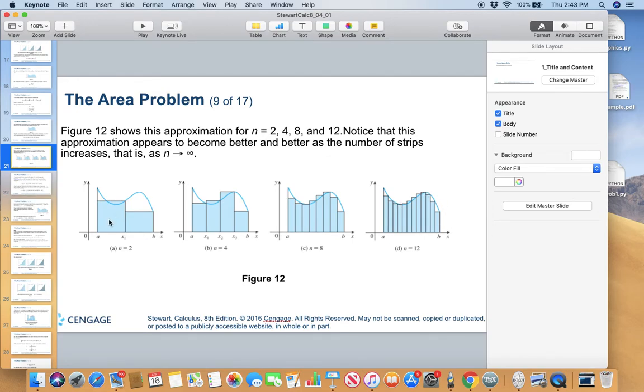This one had only 2 rectangles, so the area of this plus the area of this is not going to be very close to the area under the curve, because you have missed out a lot of area here. This is slightly better. It looks reasonable. This is even better. This is very good so far. But you really should be taking n going to infinity.